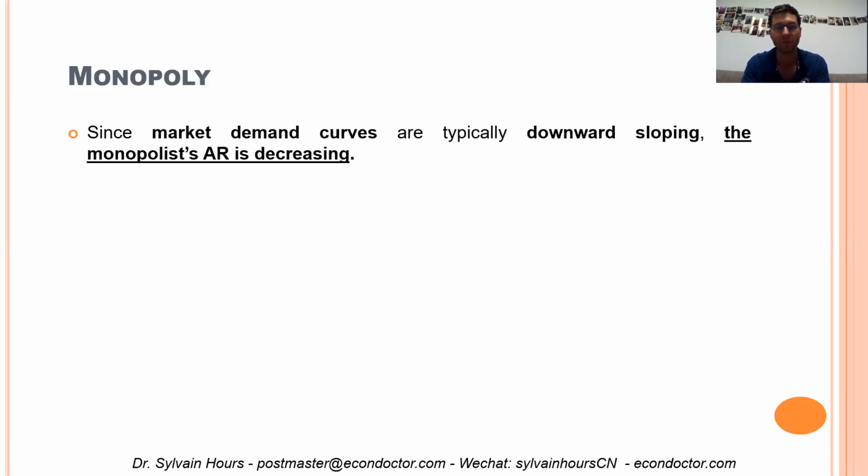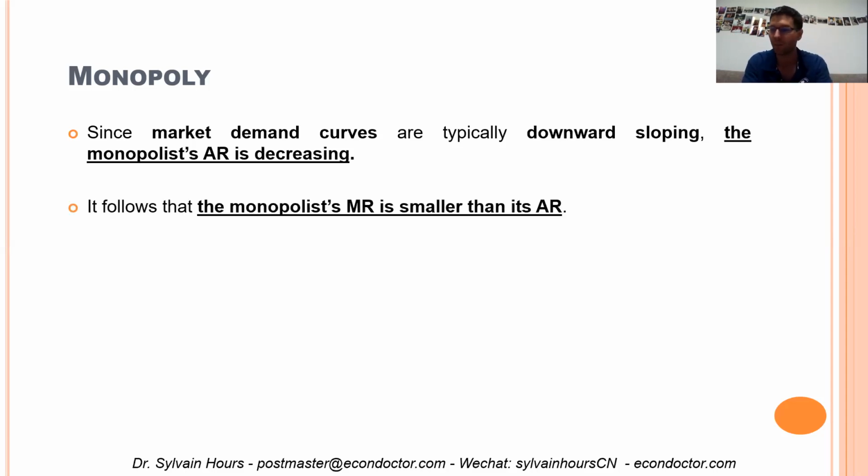And it is for that reason that the average revenue of a perfectly competitive firm was equal to the marginal revenue. But things are different in a monopoly. The demand curve and the average revenue, they are downward sloping. So the firm has to cut the price in order to sell more output. And the consequence is that the monopolist's marginal revenue is smaller than its average revenue.